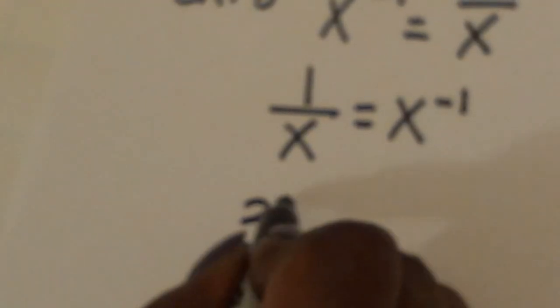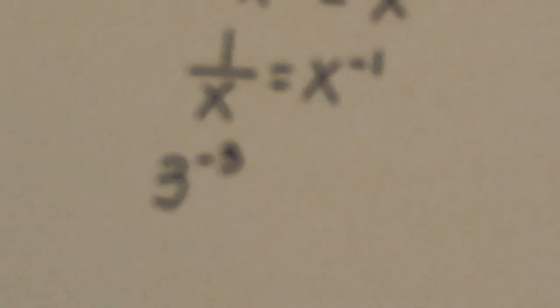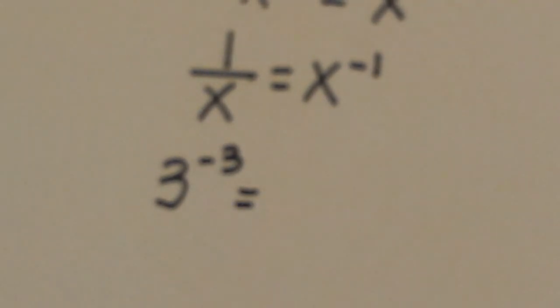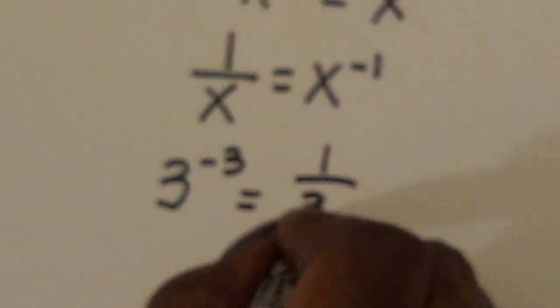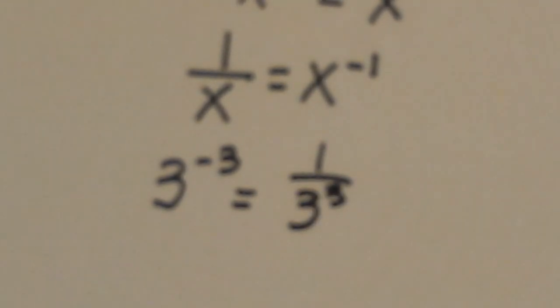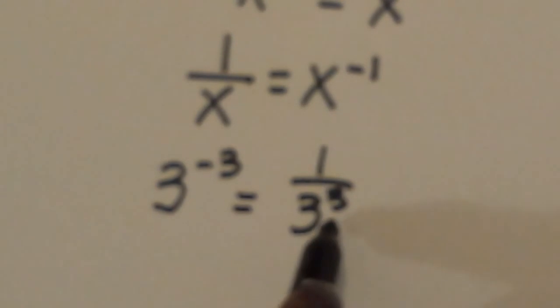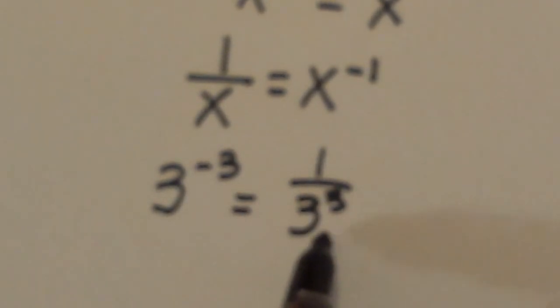If I had 3, and it works with numbers, to the negative 3rd power, remember, all the negative says is make it a fraction, and 1 is the numerator, and we put the 3 to the 3rd power as the denominator. Remember, take the reciprocal of the base. Notice when I did that, the power became positive. So all the negative tells us to do is to write it as a fraction.